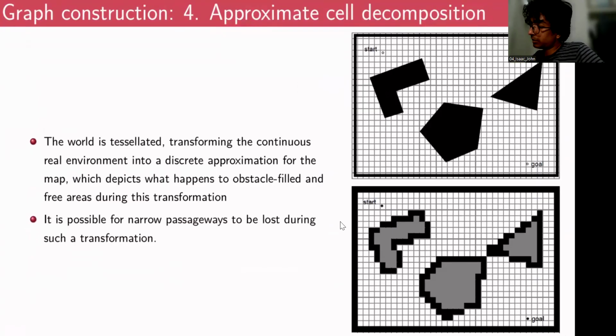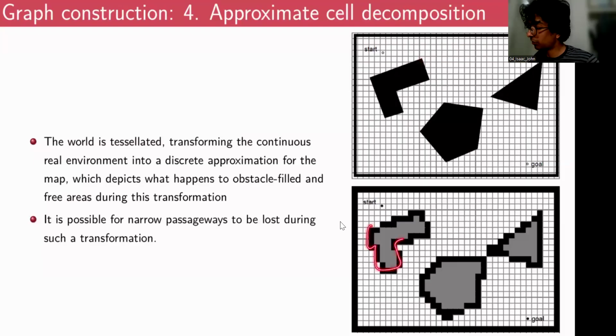So what we do is we discretize the grid based on our requirement. We can give a predefined level of discretization, and then we can discretize the entire map based on the level that we specify. So just like before, we have several obstacles, a start position, and a goal position, and we discretize the grid based on our required level of resolution, and based on whether or not these grids are filled by an obstacle.